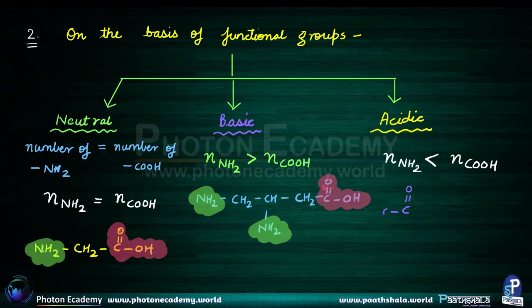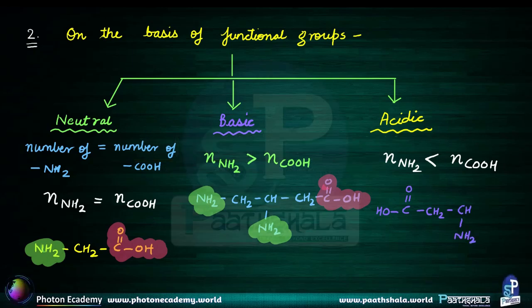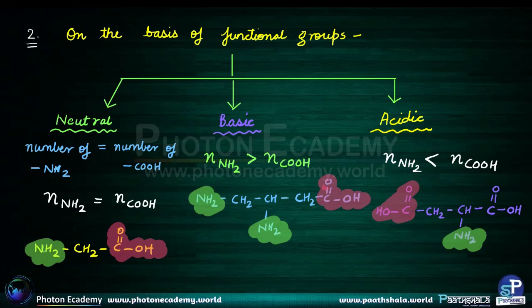So consider a COOH group on this side, a CH2 connected to a CH and an NH2, very important. If you have to declare it as an amino acid, it has to have an NH2 group, and then we have a COOH group. Now in this particular example, we can see that there is one NH2 group and one COOH group over here and one COOH group over here. So we have two COOH groups and one NH2 group, and of course the number of COOH groups is greater than NH2, and thus it becomes acidic.